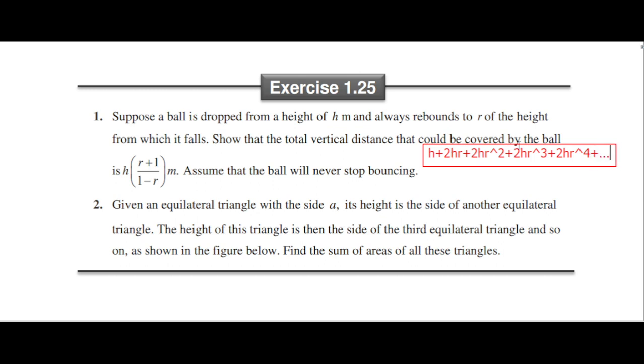Now let's compact this. Let's take common h. That is equal to h into 1 plus 2r plus 2r squared plus 2r cubed plus 2r to the power 4, and so on.